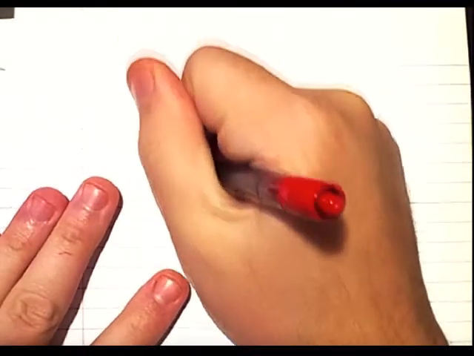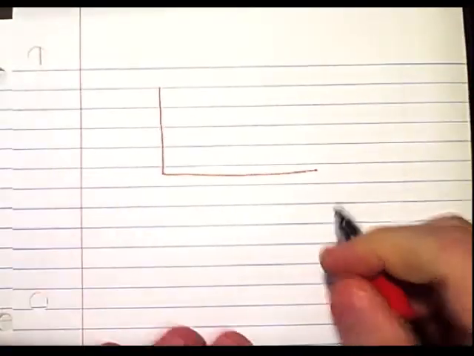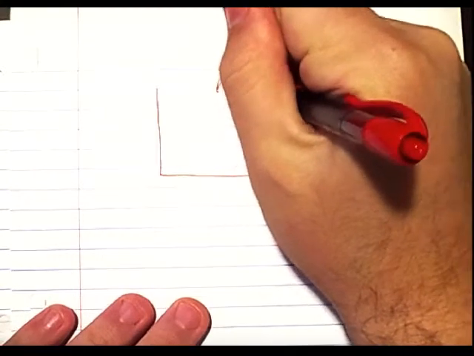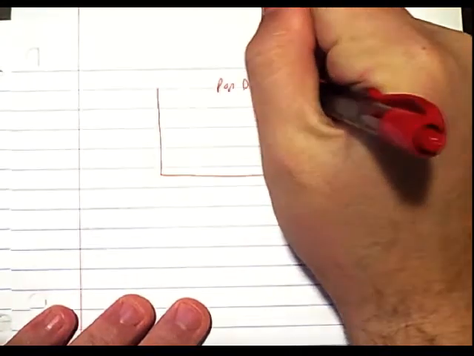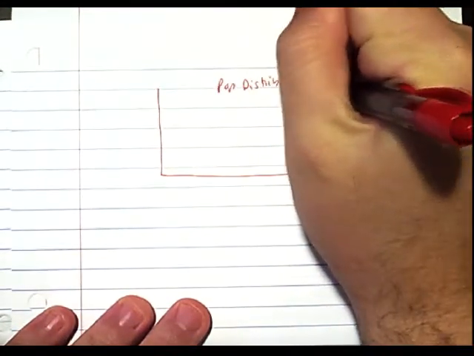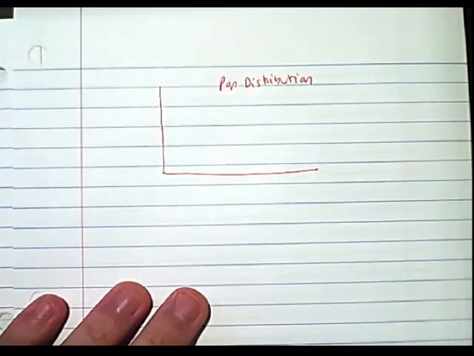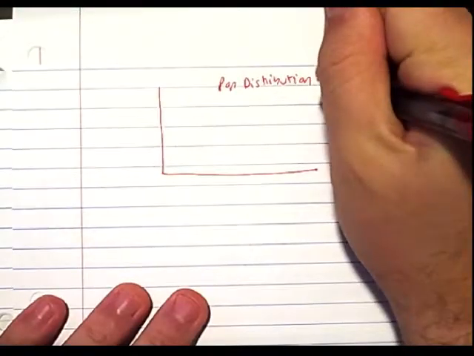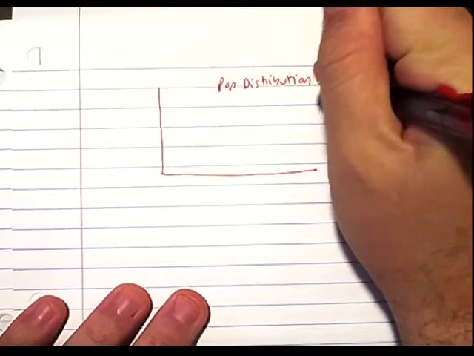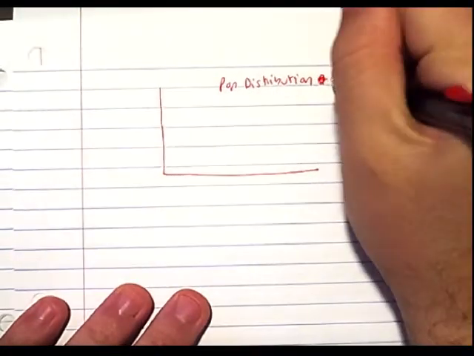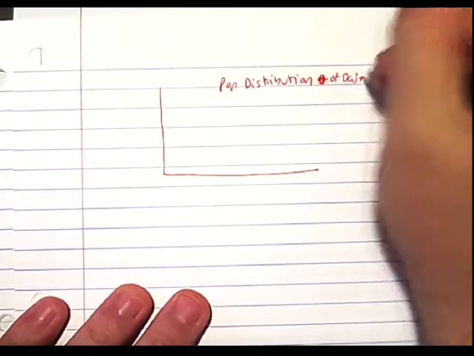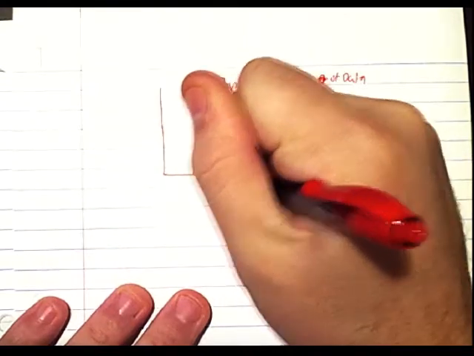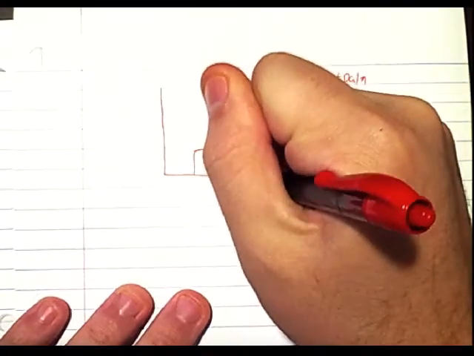So if I had access to see the population distribution, right? If this was the population distribution of all the data, let's say it was given to me in some sort of histogram fashion.